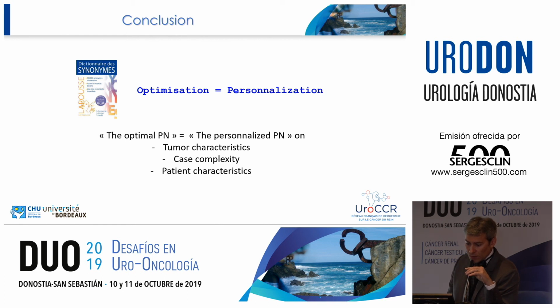So in conclusion, I would say that optimization nowadays would be personalization. And the optimal partial nephrectomy would be the personalized partial nephrectomy, personalized on several things: on the tumor characteristics, on the case complexity, and on the patient characteristics.